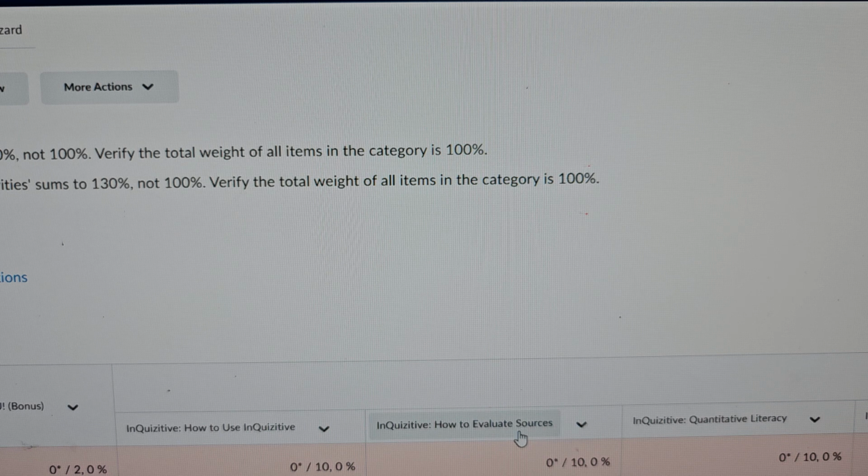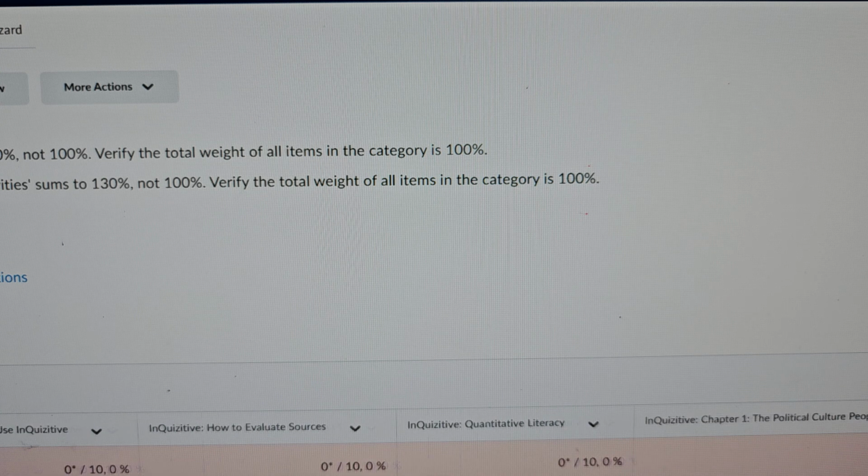How do you evaluate that as to whether it's the truth or not? So that's just how to evaluate sources. And then you have quantitative literacy. That is just how to read charts and graphs. Okay, so those are 3, and you get credit. You get points for every one of those things as you do it.